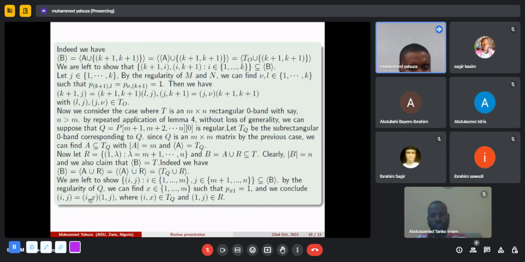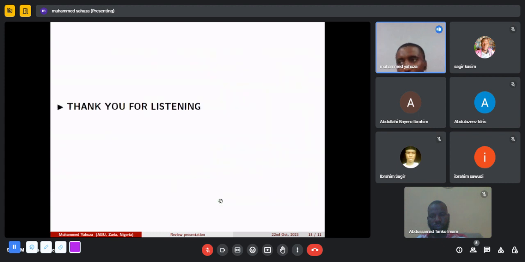And if you can see from here, in this multiplication the entry corresponding to x and 1, that is the x row and 1 column, is 1. So therefore we can effectively write this multiplication as (i, x) into (1, j), where (i, x) is coming from TQ and (1, j) is coming from R. So thank you for listening.